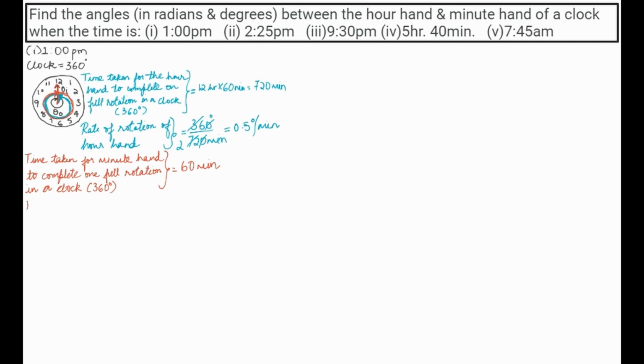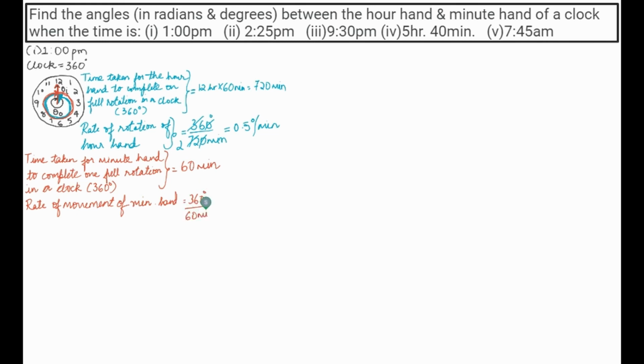So in order to find out the rate of rotation of the minute hand, we have to divide 360 degrees by 60 minutes. 60 minutes is the time taken for the minute hand to complete one full rotation in a clock. Therefore, the rate of movement of the minute hand is equal to 360 degrees divided by 60 minutes.